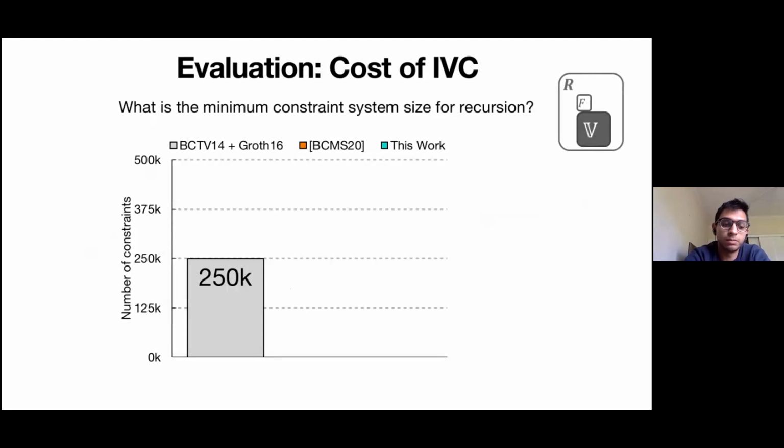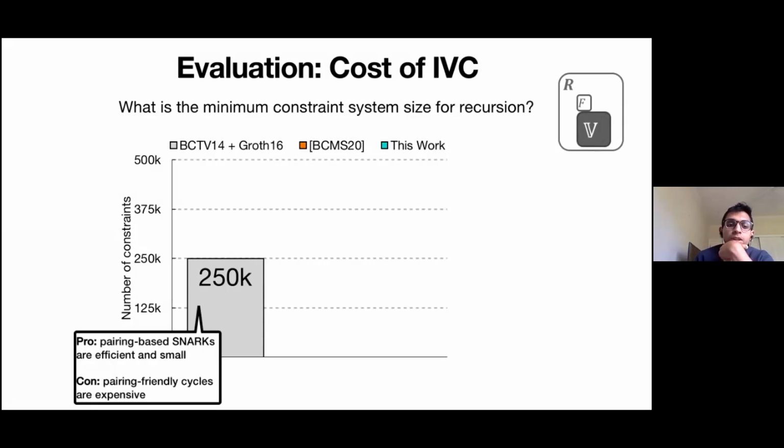This is partially because there is overhead beyond the SNARK verifier, but also because we're using the MNT 4/6 753 cycle, which is 753 bits, and once you have scalar multiplications of that size inside your circuit, it's not cheap.